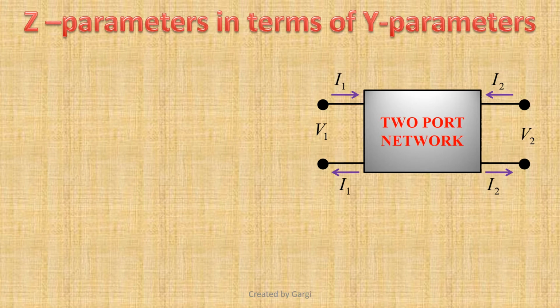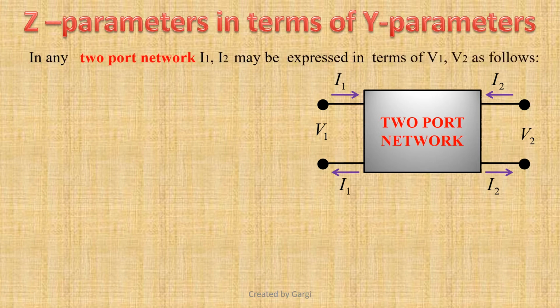Let us first derive interrelationships between Z parameters and Y parameters. When we describe a two-port network using Y parameters, we express the port currents I1 and I2 in terms of port voltages V1 and V2.